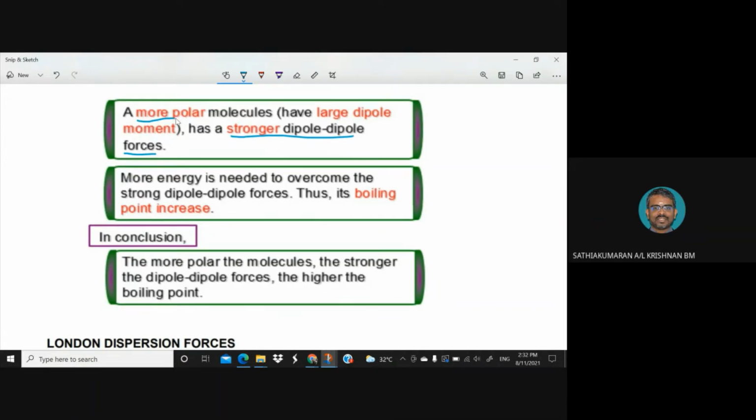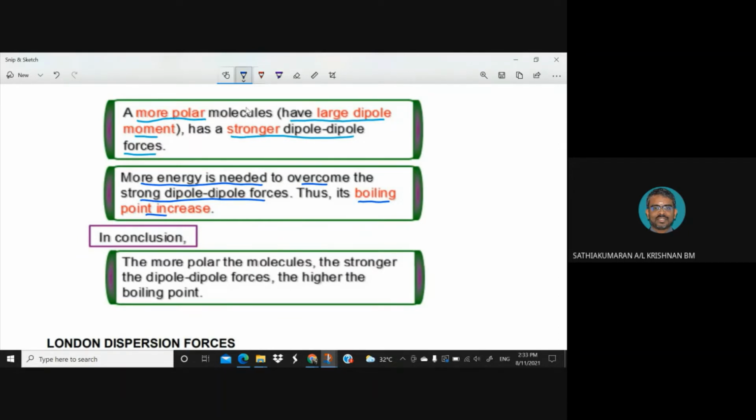A more polar molecule will have a large dipole moment, so the dipole forces will be very strong. If the dipole forces are very strong, more energy is needed to overcome them. So finally, the boiling point will increase.